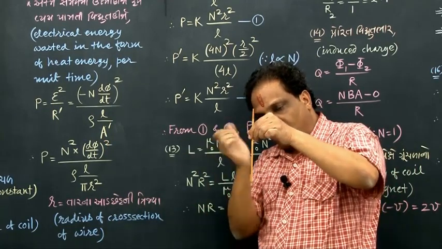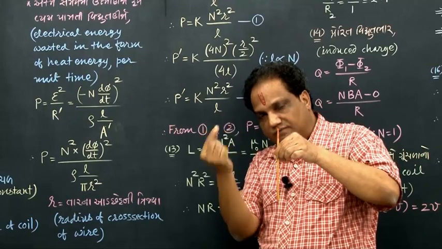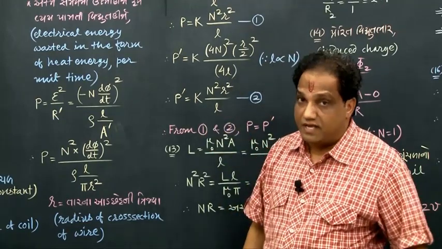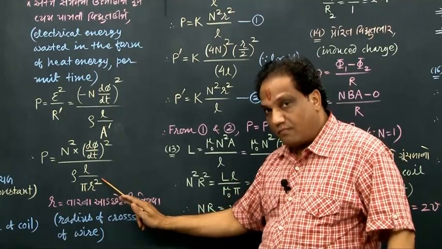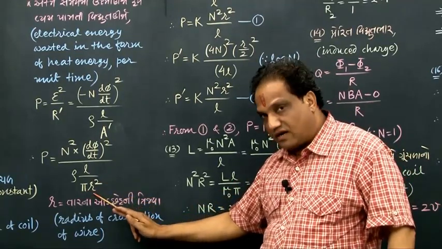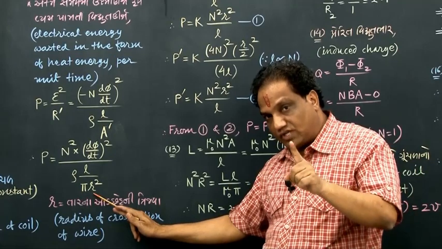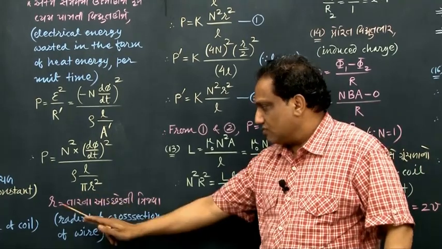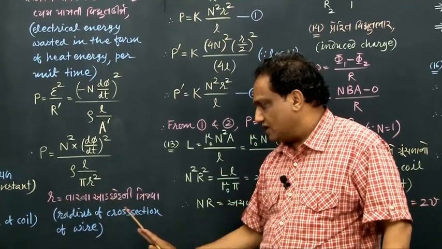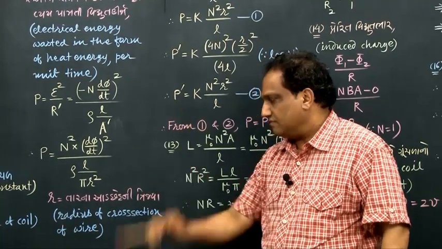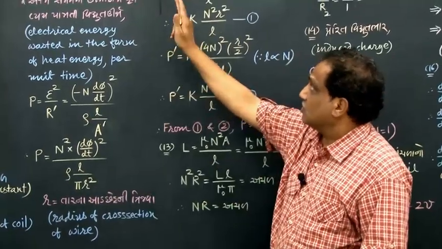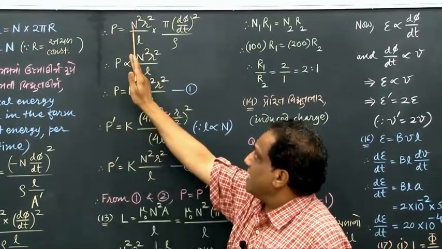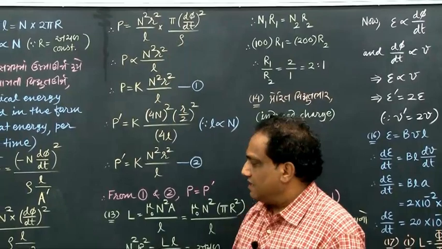When you take cross section of wire, it will be a circle. For a circle, don't you know the area? Pi into radius square. Mind well, I am putting here small r, which is radius of cross section of wire. Small r is radius of cross section of wire. Fine. And now you can rewrite the same equation like this also. P equals N square r square upon L. Here it is.